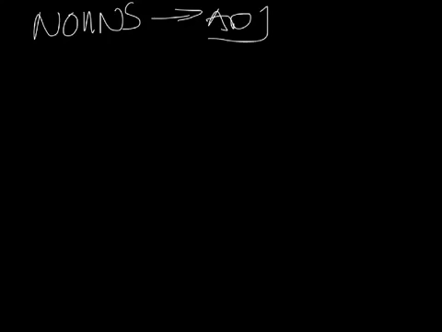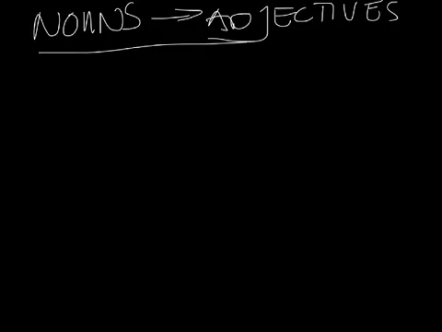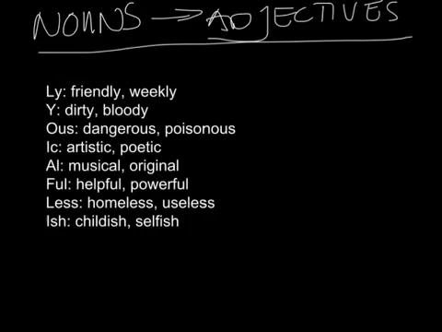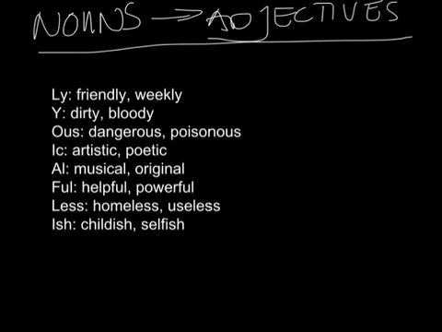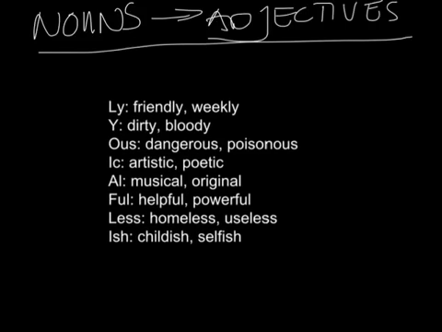And the other way around is also possible. So from nouns to adjectives, we have a set of suffixes that help us create adjectives. Friend becomes friendly by adding ly. Dirt becomes dirty by adding y.